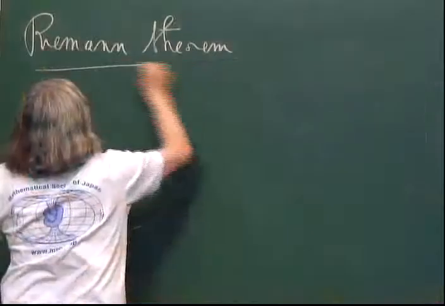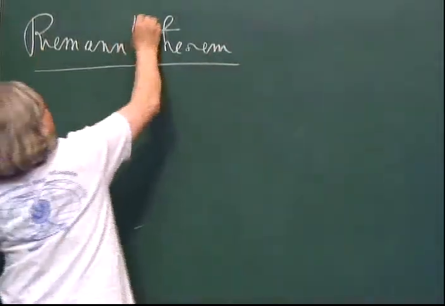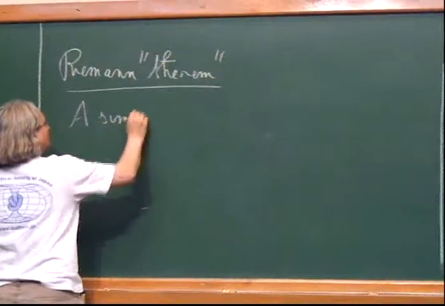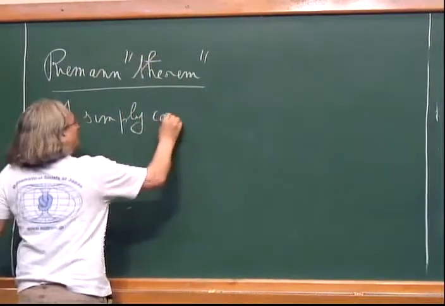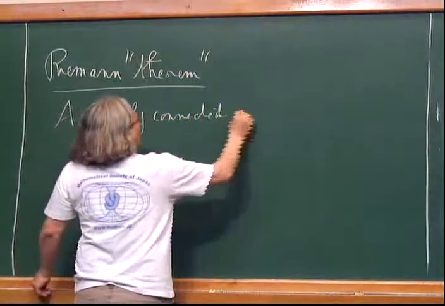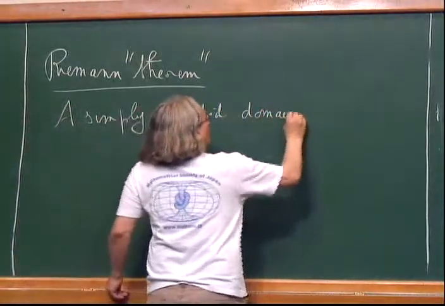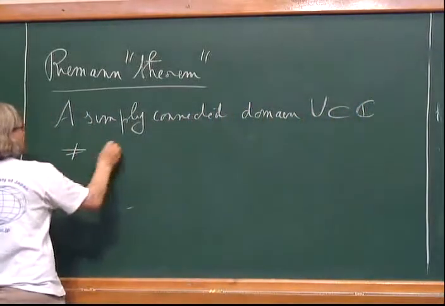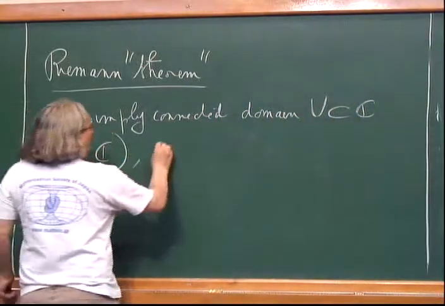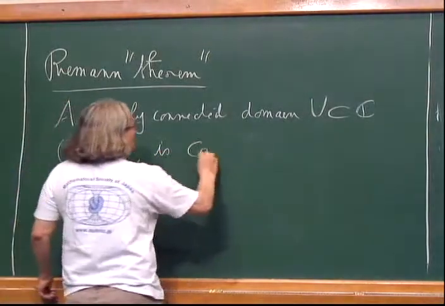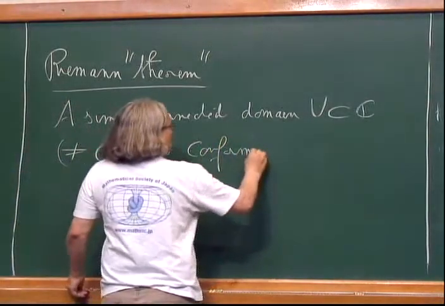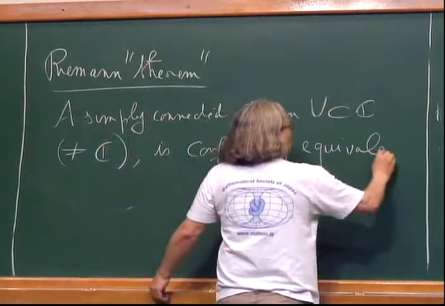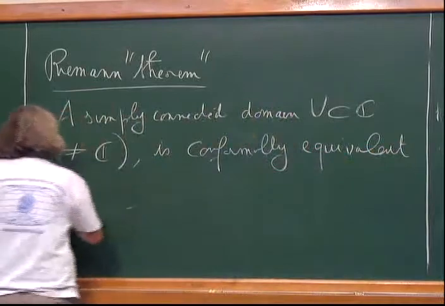which says, again in quotes, that a simply connected domain, let's say U in C, different from C, is conformally equivalent to the unit disk.